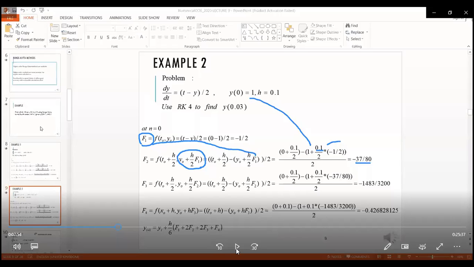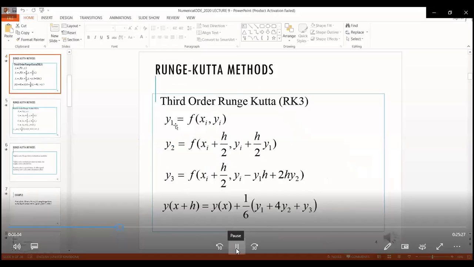Can you see, for third order, you only calculate F1, F2, F3. And then the general expansion is different here. Can you see it? Yes, sir. Yeah, so each order has its own expansion and general term.